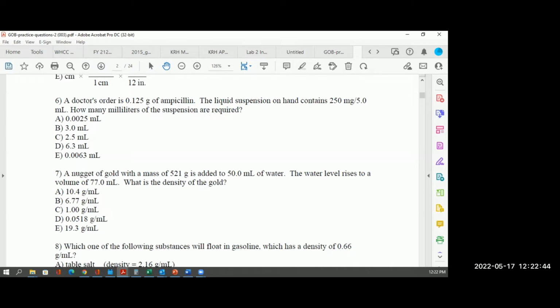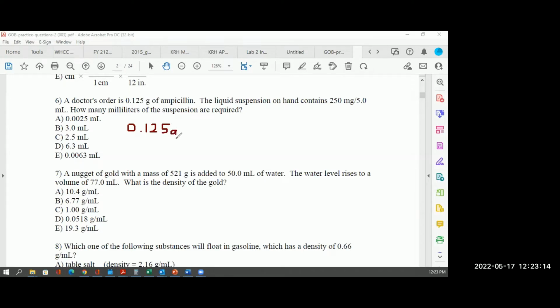So how am I going to set up this problem? The given is 0.125 grams.